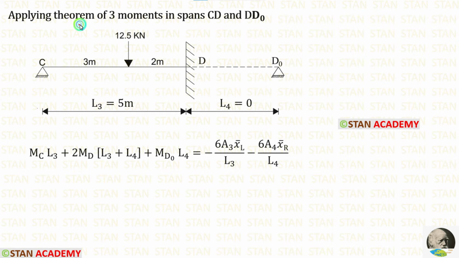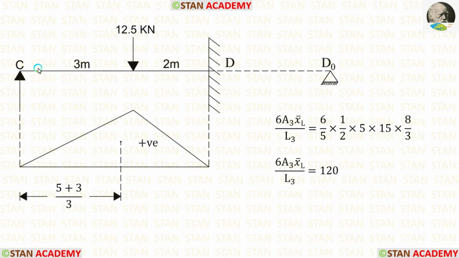Let us apply the theorem of three moments in spans CD and DD0. Here this term will be 0 because this is for the imaginary span. So we have to find only 6A3 x bar left upon L3.